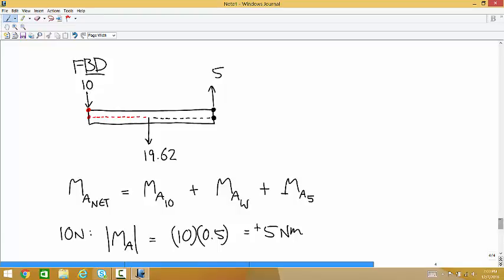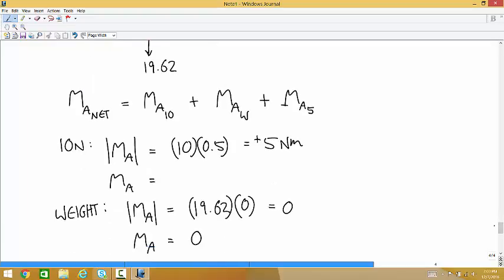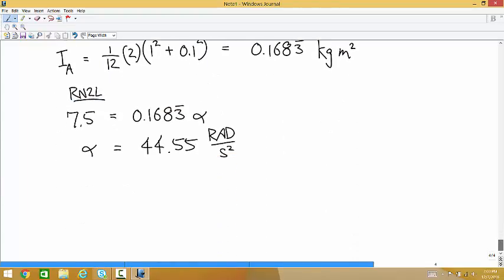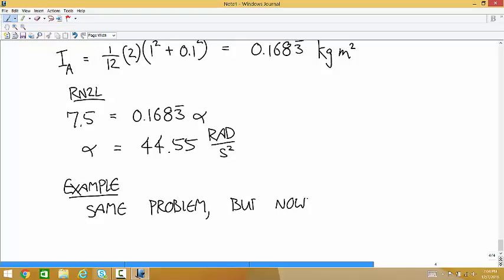Okay, so let me give you another, set up a similar one and see if you can think through this one. So let's take the same board. But now the axis isn't at the center, it's at the left end.